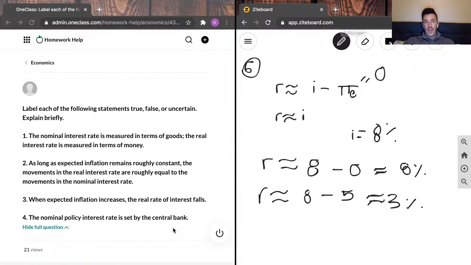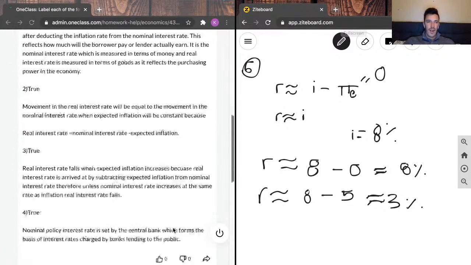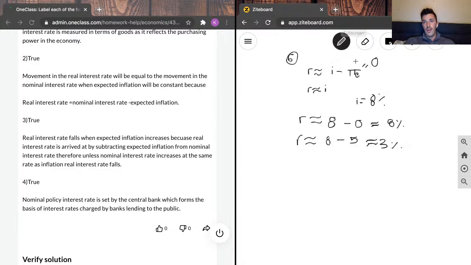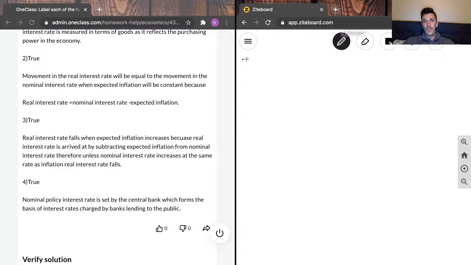Question 4: the nominal policy interest rate is set by the central bank. True. The nominal policy interest rate is set by the central bank, which forms the basis of interest rates charged by banks lending to the public. I don't know if you guys keep up with financial news at all, but the central bank has set the interest rates very low right now as a means to encourage people to spend.